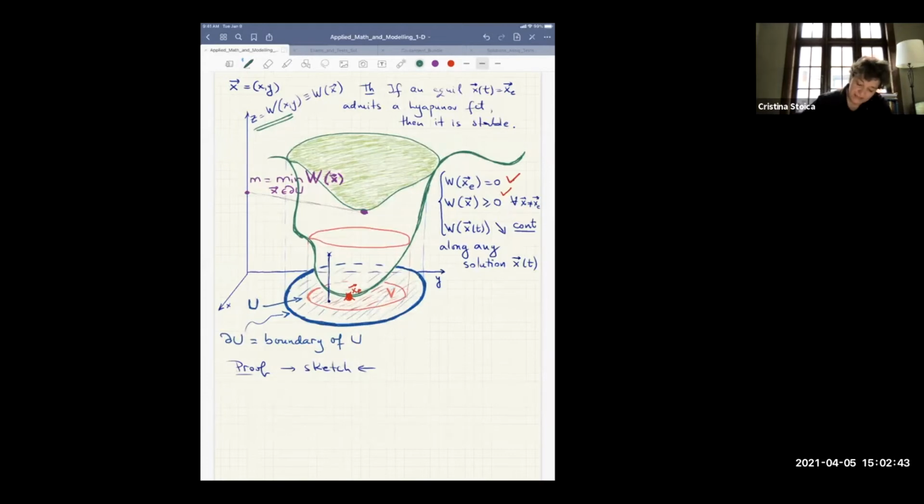So basically, what do we have to do? We have to consider a neighborhood. Let U be a neighborhood of the equilibrium. Here, U is this bluish thingy.